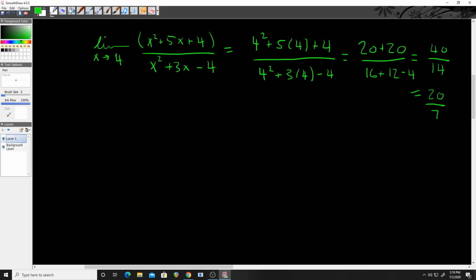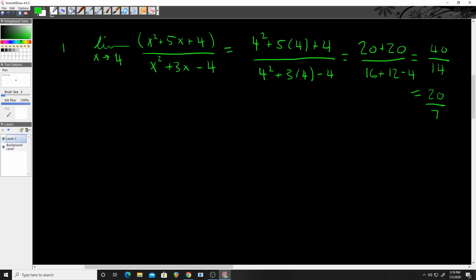Not only that, but also the bottom is not 0 at x equals 4. If the bottom were 0, then the function would be undefined there, and we would have an infinite discontinuity.